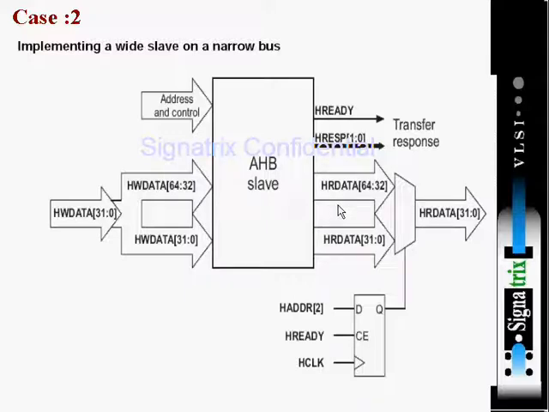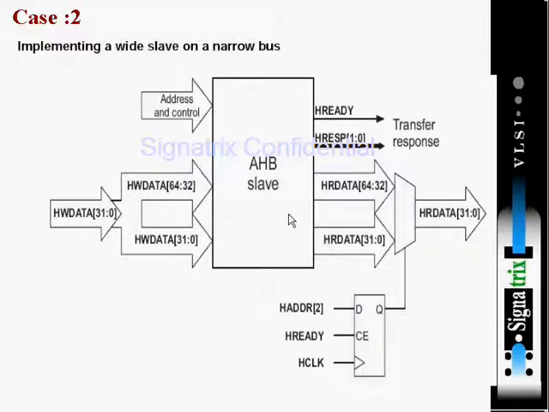Before writing data inside the slave, in the output it will collect 64 bits. Then it will enter the whole 64 bits inside the AHB slave. The slave will process all those bits and give output as 64 bits, 0 to 31 and 32 to 64.